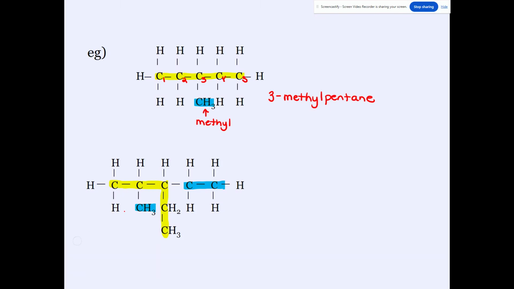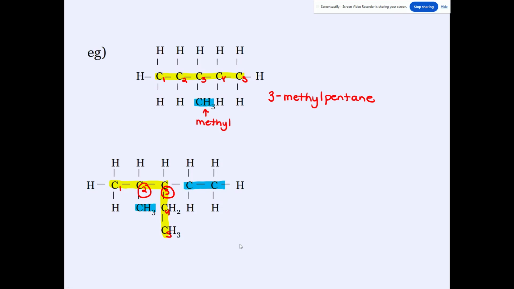Numbering my compounds, I need to number in this direction, 1, 2, 3, 4, 5, instead of starting at the bottom and going up, so that my branches are on carbon 2 and carbon 3. If I started at the bottom and went up, they would be on carbon 3 and carbon 4. We want the lower numbers.